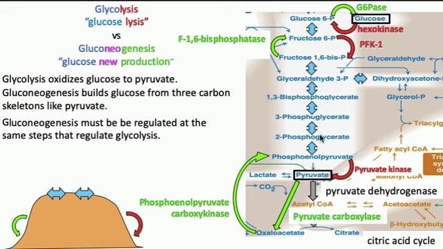As the concentration of phosphoenolpyruvate builds up, and assuming the glycolytic enzymes in red are inhibited, pyruvate kinase, phosphofructokinase, and hexokinase, what then will happen to the concentration of 2-phosphoglycerate, 3-phosphoglycerate, 1,3-bisphosphoglycerate, glyceraldehyde 3-phosphate, and fructose 1,6-bisphosphate?